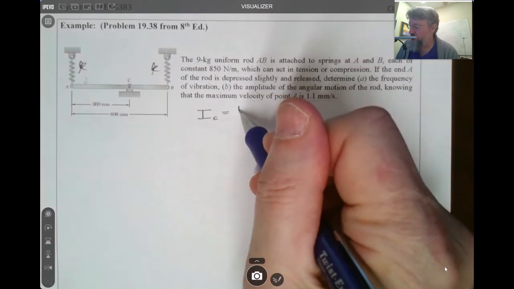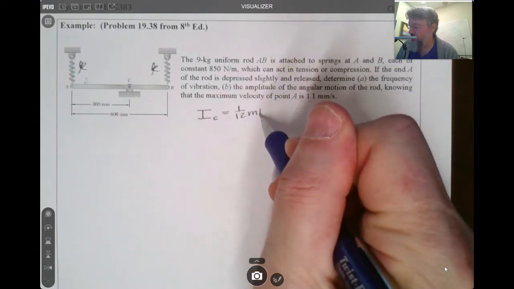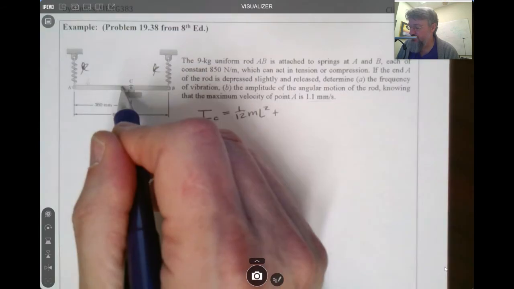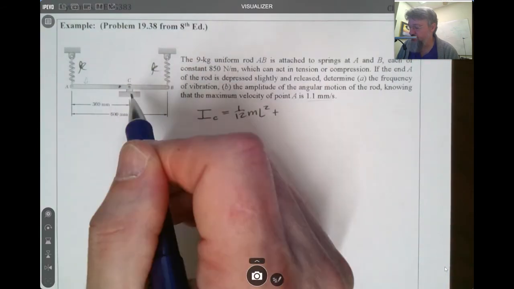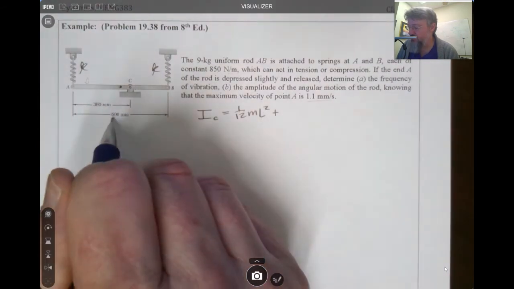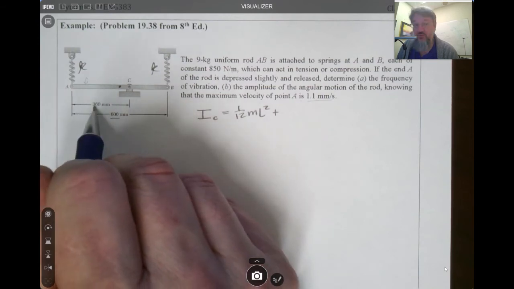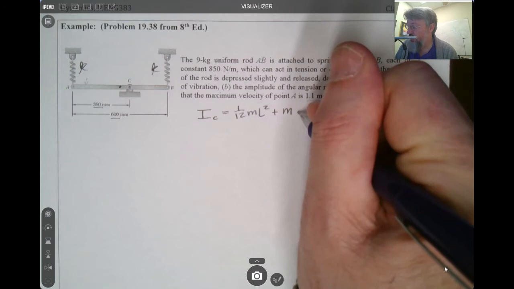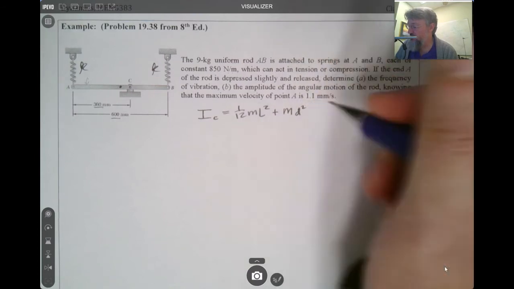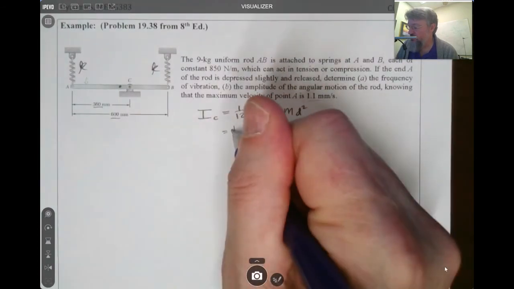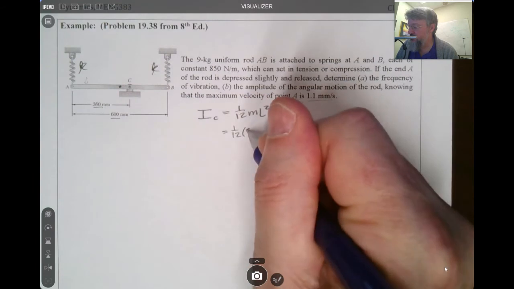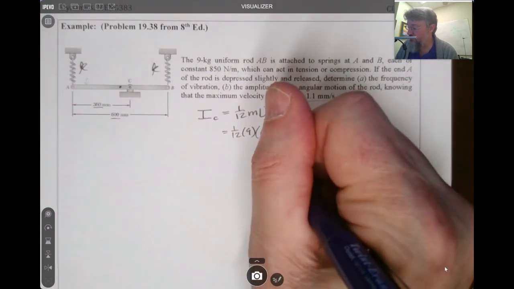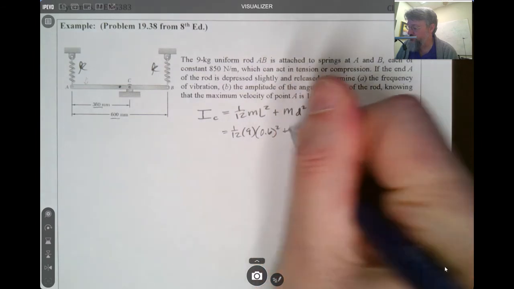So we know we have 1/12 ml squared, but we also have to move, that's the center of it right around there. We need to move, as you see, I have 600 and 360, so we need to move it, I'll just go md squared, right? So the 1/12 times 9, and the length of the thing is 0.6 squared.